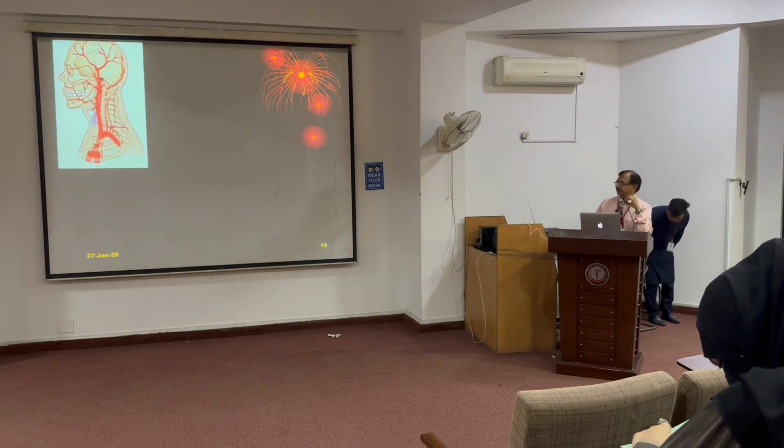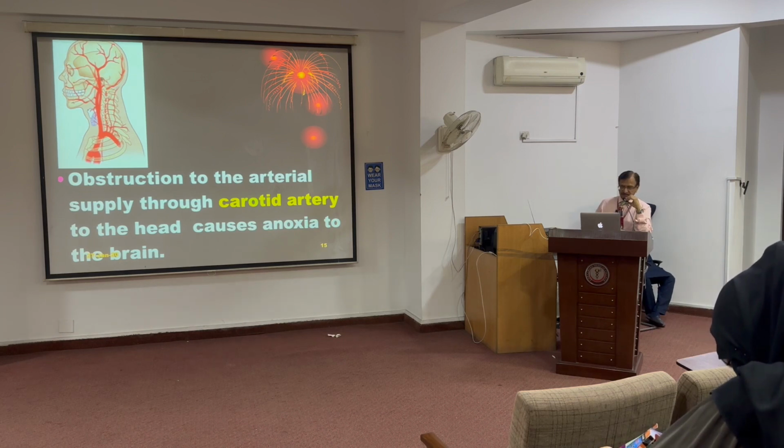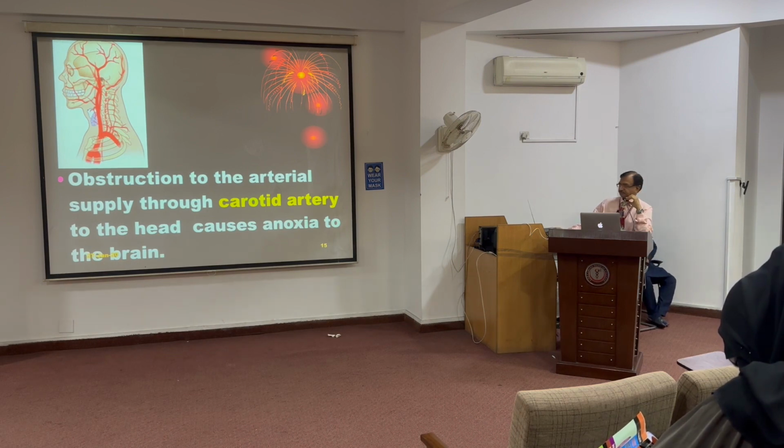Then the carotid vessels. The arterial supply to the brain is mainly through the carotid arteries, and when they are compressed, there will be interference with the arterial supply to the brain, and that will cause anoxia.